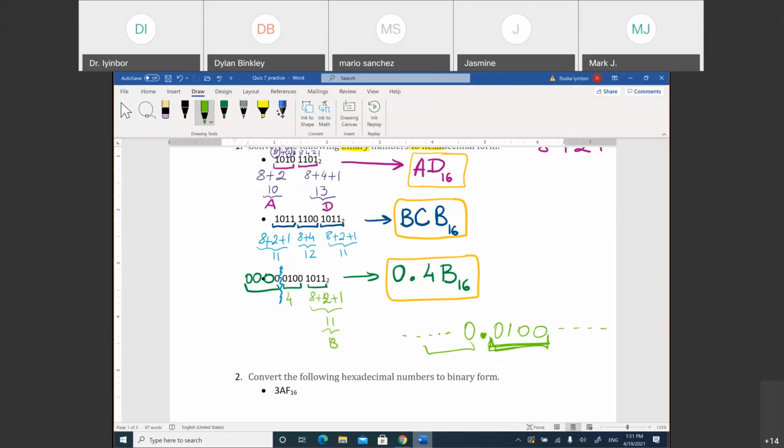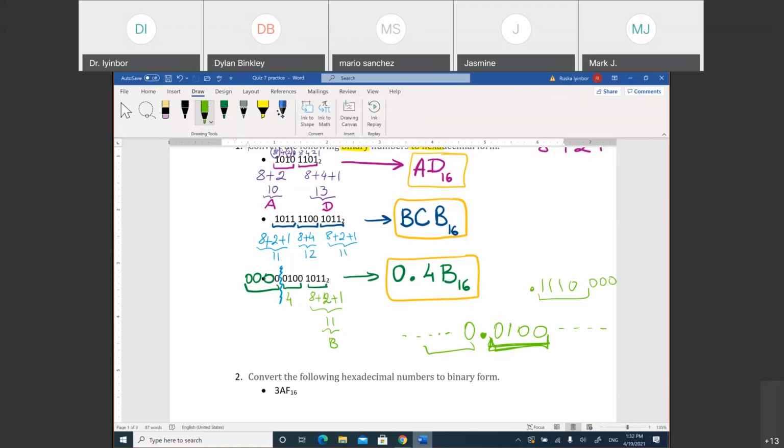Right. So if it's after the decimal, let's just say I have 111 after the decimal. And you can put zeros after. So you add an 8, add a 4, you add a 2. You put 0 in the end. You can put 0 in the end here. They're insignificant.